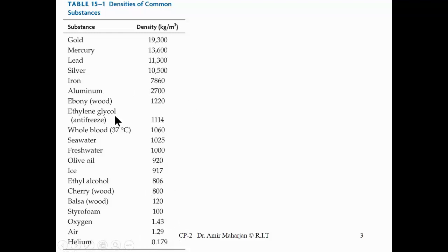Fresh water has a density of 1,000 kilogram per meter cube. Seawater has a slightly higher density, 1,025 kilogram per meter cube, and our blood has about 1,060 kilogram per meter cube. All these numbers will be given when we solve some numerical problems.